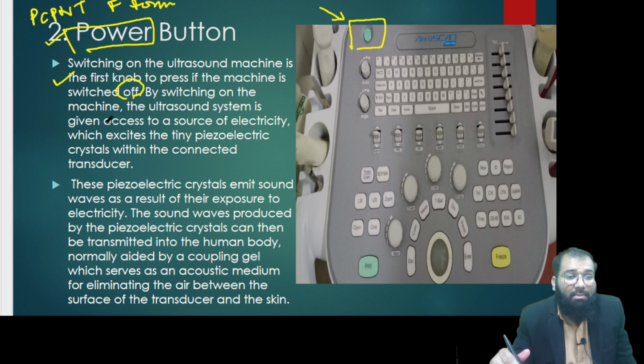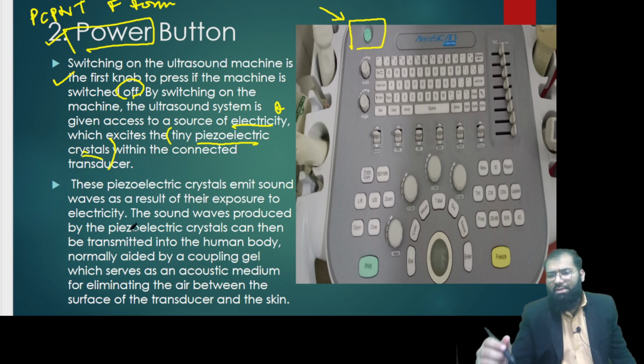And by switching on the machine, the ultrasound system now gets access to the source of electricity, and this activates the various crystals which are present in the machine, which are called piezoelectric crystals. Okay. So what is a piezoelectric crystal?